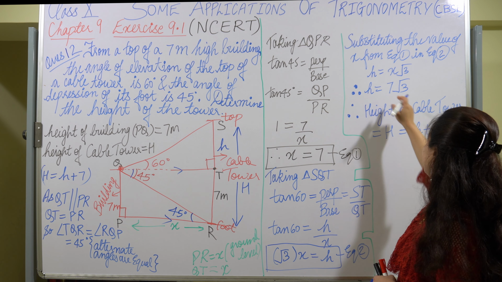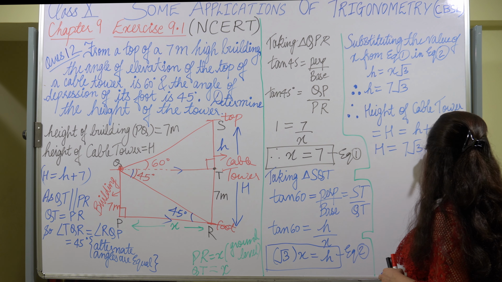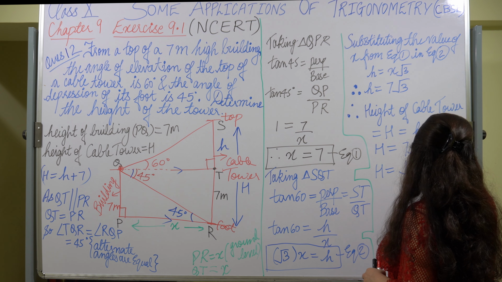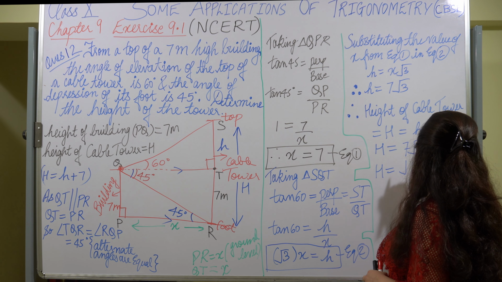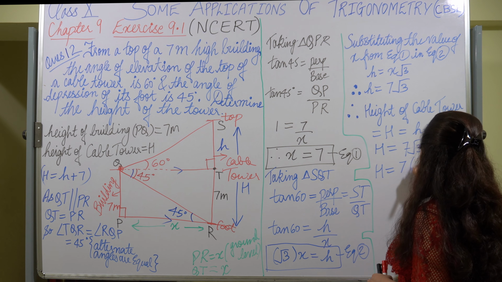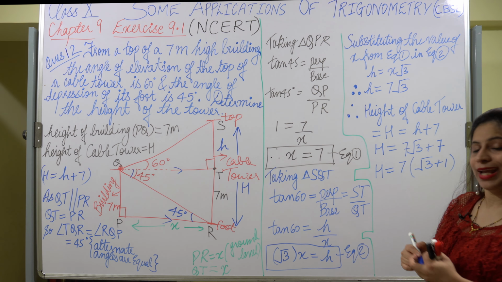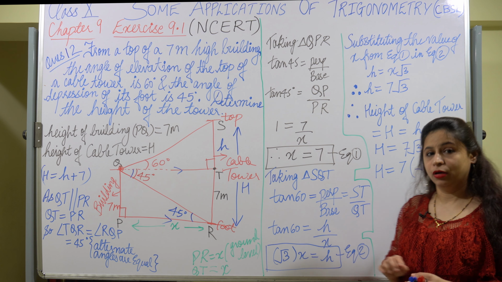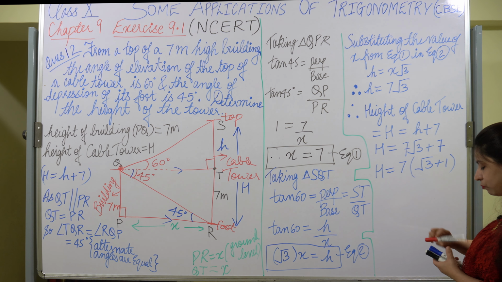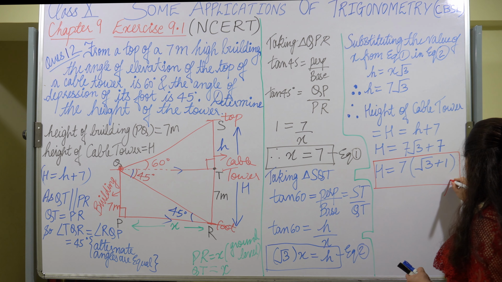So h value is 7 root 3, so it is 7 root 3 plus 7. If I take 7 common from here, I'll be getting 7 into root 3 plus 1. So the value of H, which is the height of the cable tower, comes out to be 7 multiplied by root 3 plus 1. So this is my answer in terms of under root.